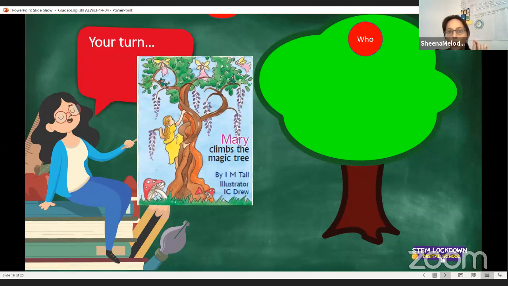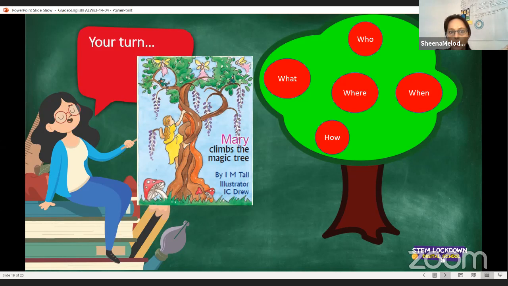Who, what is the story about? Where does it take place? You've got to think by looking at the cover. When do you think it's going to happen? Looking at the tree's leaves and what does the day look like in the picture? How do you think it's going to end? These are the questions just by looking at this cover.